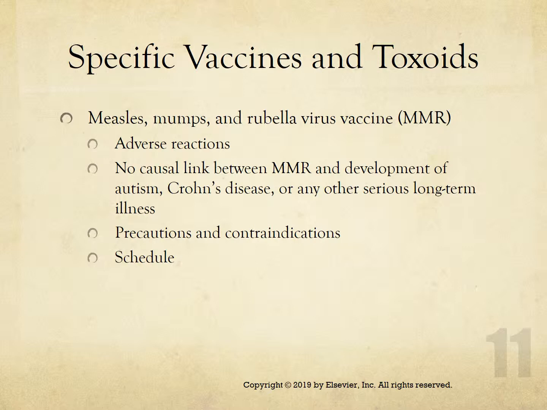And there is an adult vaccine schedule also. I'm just going to highlight a couple things about each one, but it's most important that you read your text information on these and look at the schedules.